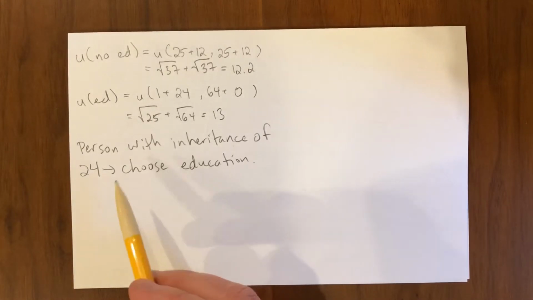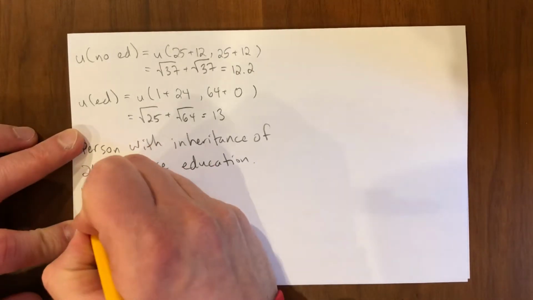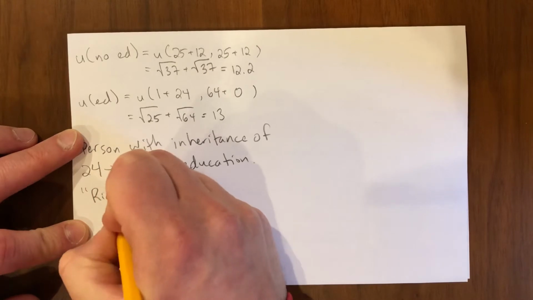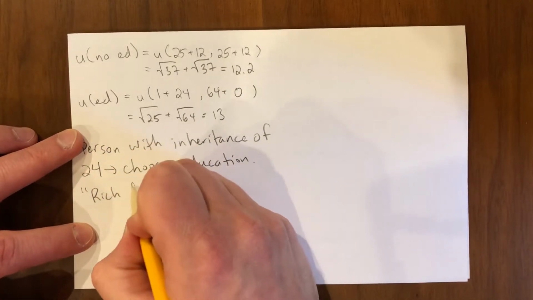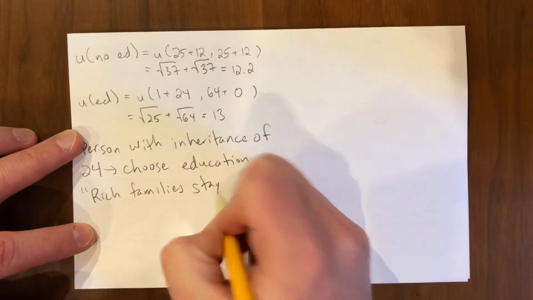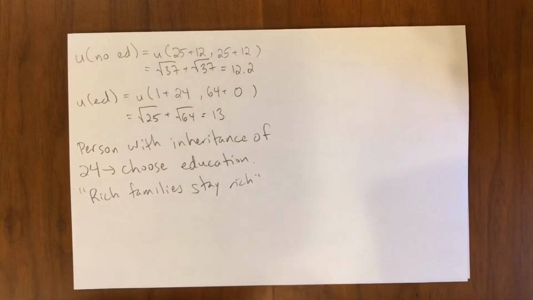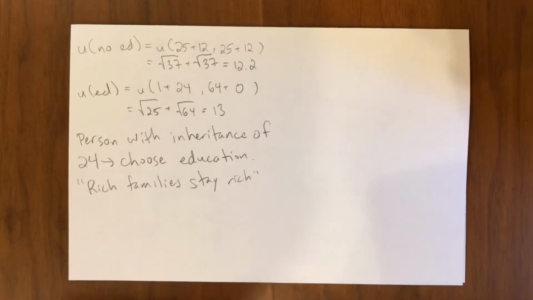So the sort of takeaway here is that, if you want to boil it down quickly, you could think about this as, rich families stay rich. So that's the sort of takeaway here. That's the sort of message that this problem is trying to get at.